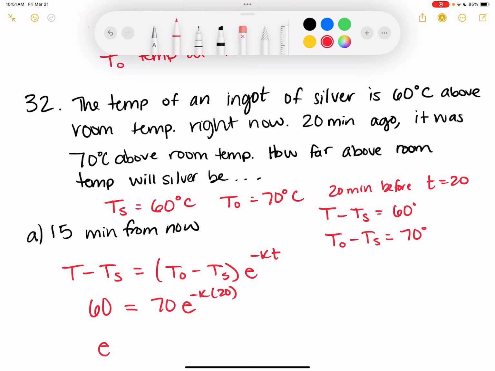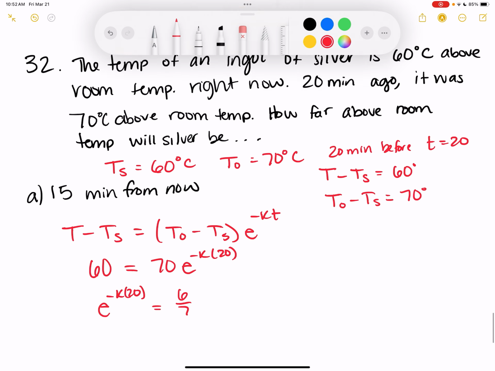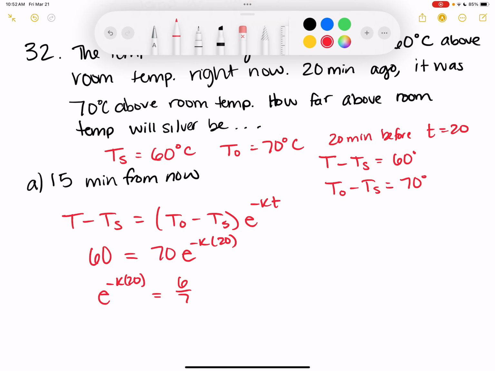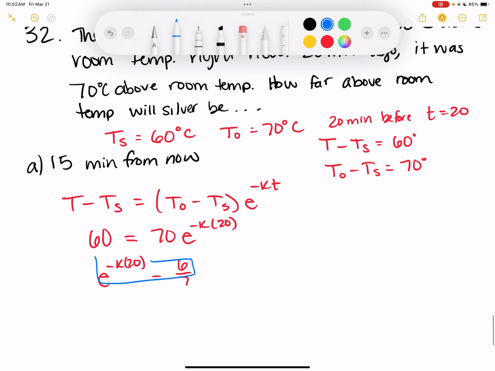So then e to the negative k times 20 equals 6 over 7. Use a log. So I get the ln of 6 over 7 equals negative 20k. So the ln of 6 over 7 all divided by negative 20 equals k.